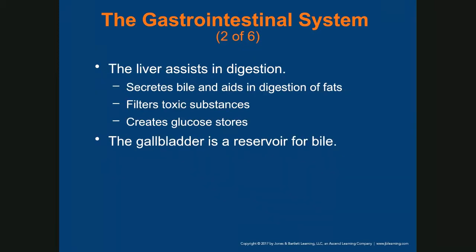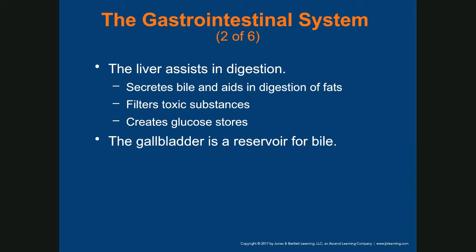All right. The liver assists in digestion, and the liver has multiple functions. So it produces bile, which is necessary to break down fats. It assists in how the body metabolizes carbohydrates.